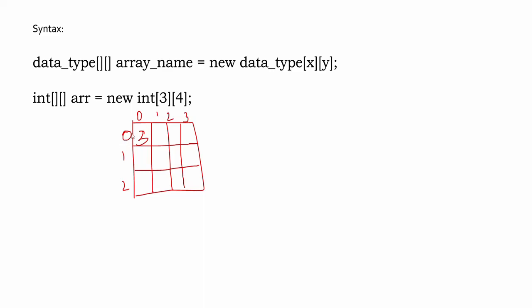Suppose in 0 comma 1 I store the value 1, I can access that. In the same way, for this row and column, suppose I add 2 and then 3 and then 4 and then 6, 8, 2, 3, 0, 1 and then 5.